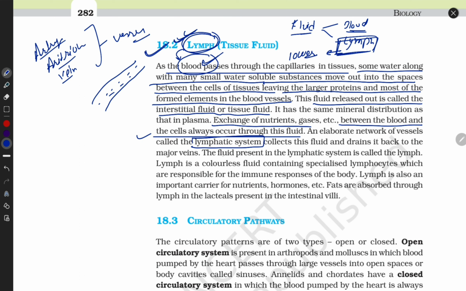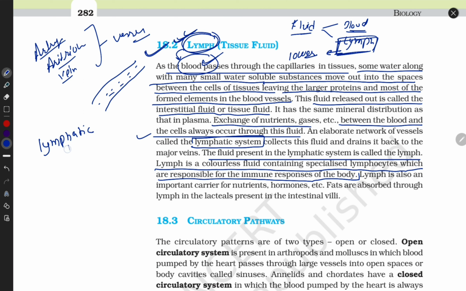Alright guys, the fluid present in the lymphatic system is called lymph. Obviously, lymph is a colorless fluid containing specialized lymphocytes which are responsible for the immune response of the body. Lymphocytes contain lymph.